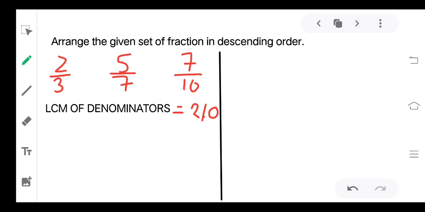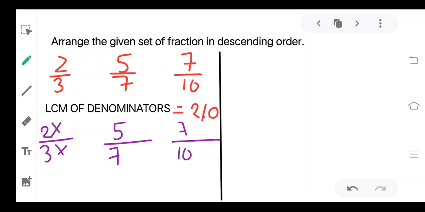Students, we have to follow the same steps here also, but in descending order we write greater to smaller. So again we take the LCM of the denominators 3, 7 and 10, and the LCM of these three numbers is 210. So here we write 2 upon 3, 5 upon 7, and 7 upon 10.